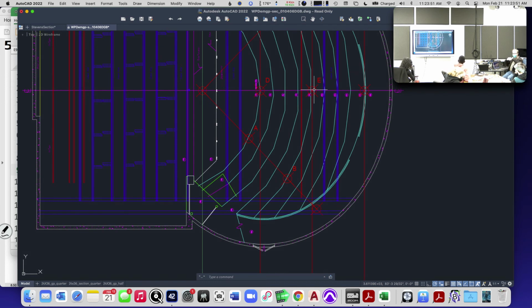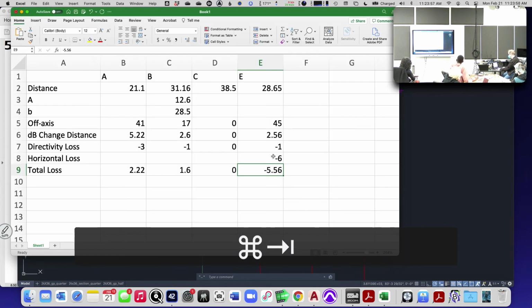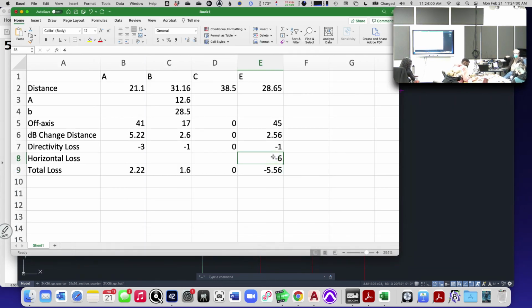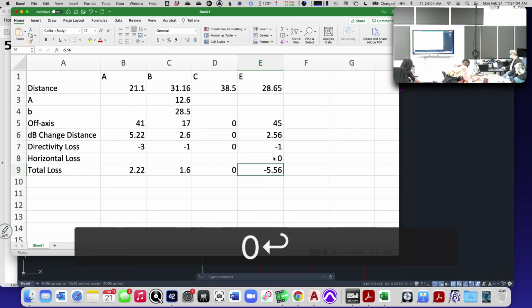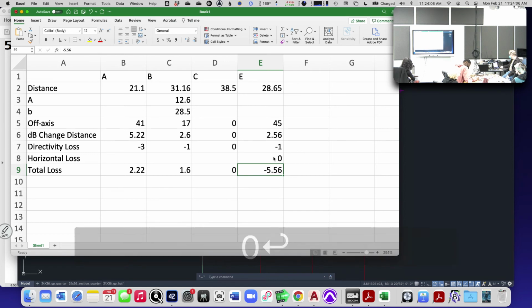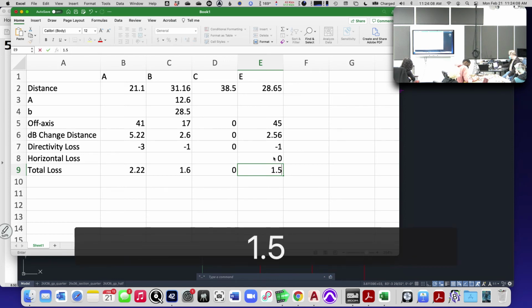And so we will overcome that horizontal loss. That will sum to 0. So we know if there's only one, we have -6. But if we line up the two -6s, this becomes 0. And now we are actually 1.56 louder.